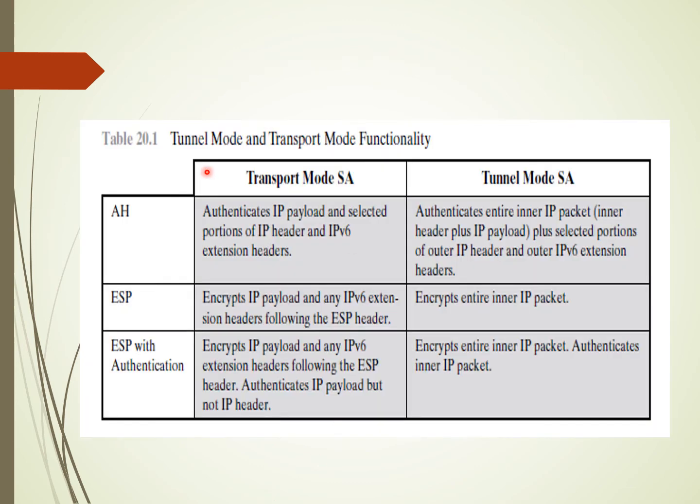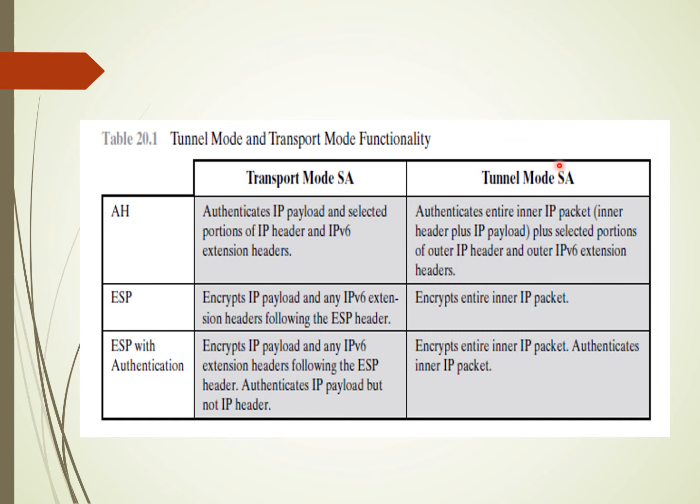This table depicts the functionality of transport mode and tunnel mode, and basically we have learnt about the transport mode security association and tunnel mode security association. In transport mode, there is no security for the original IP header, and tunnel mode provides security even for the original IP header.